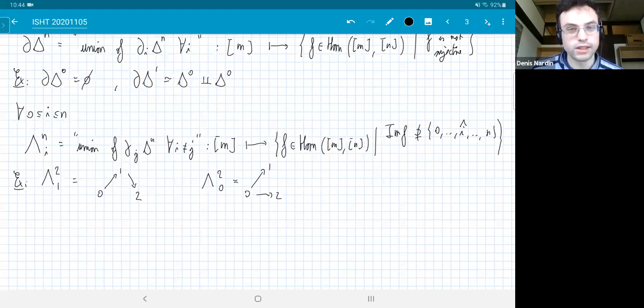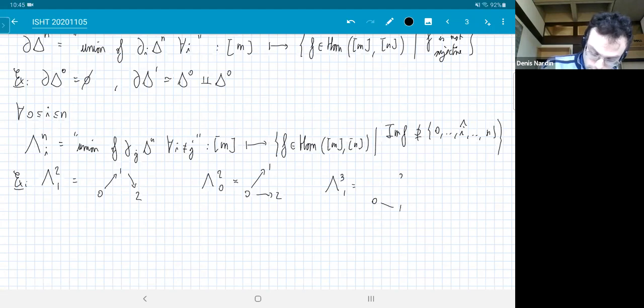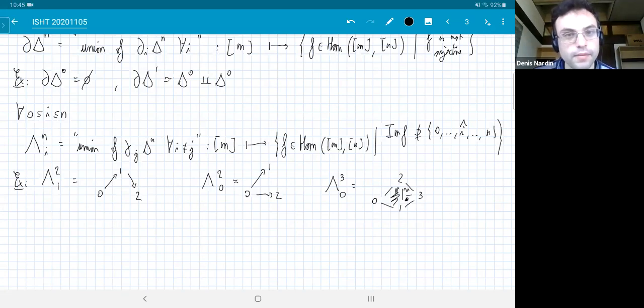And you can enjoy yourself and draw higher dimensional things if you're able to. Let me just try, I don't know, lambda 3, 1. So we have 1, 2, 3. Actually lambda 3, 0, because that's easier to draw. So it contains this face, and this face, but not the face opposed to 0. And that's why it's called a horn somehow.